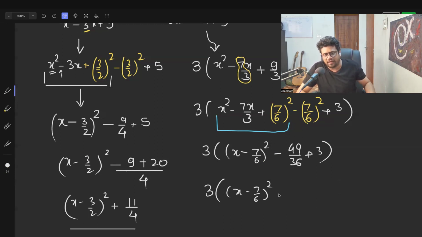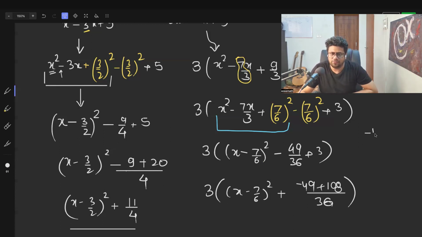A better way to write it is put up a plus and a minus 49 plus 108 by 36. That's a way. Or you can just do them separately, plus a 3 with a LCM of 36.